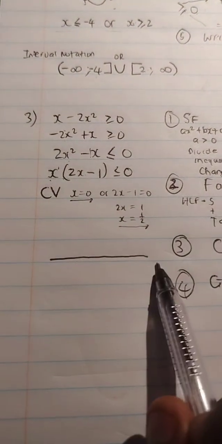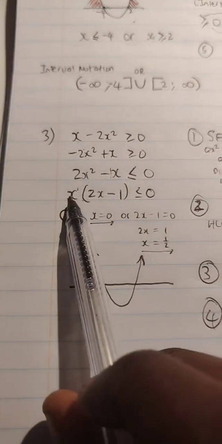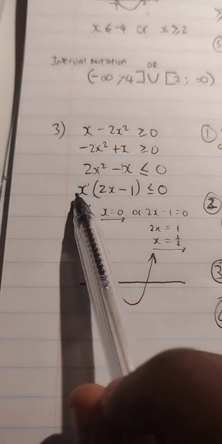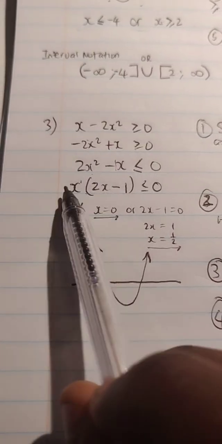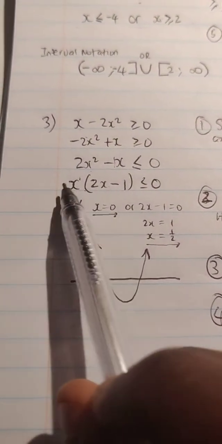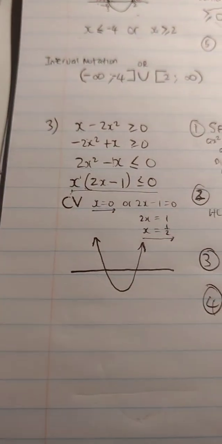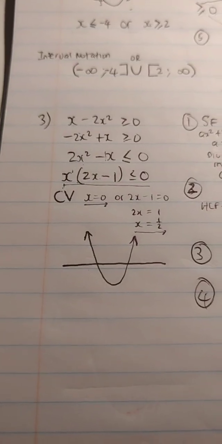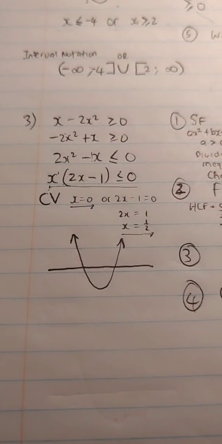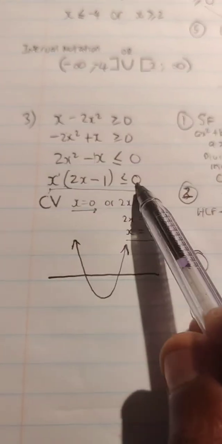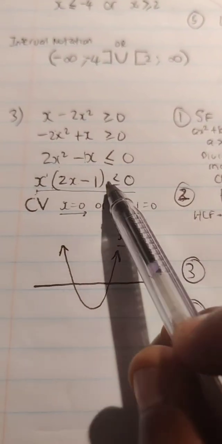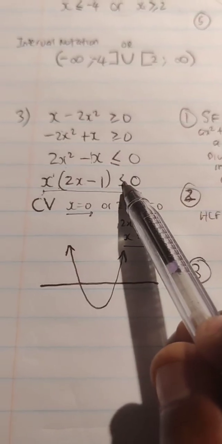We draw your x-axis. You draw your parabola, which is concave up, because we've already ensured that the coefficient of x squared is positive, right? We can just come here, guys, and actually look at the graphical representation of the graph. Okay, and if you look at this stage, what is the inequality symbol that we have?